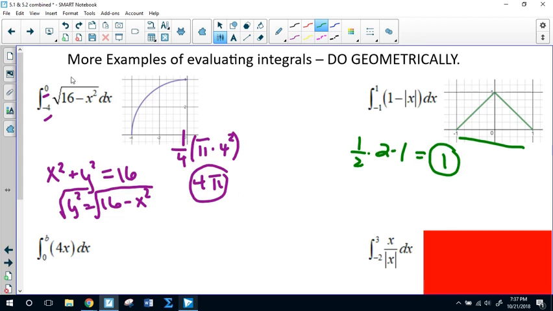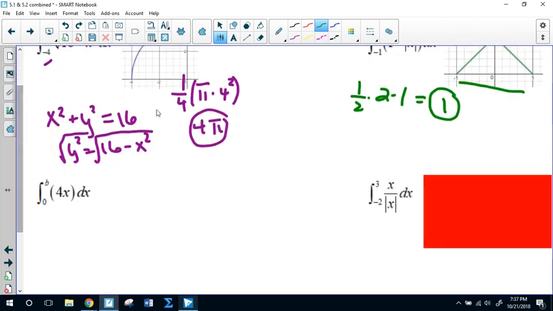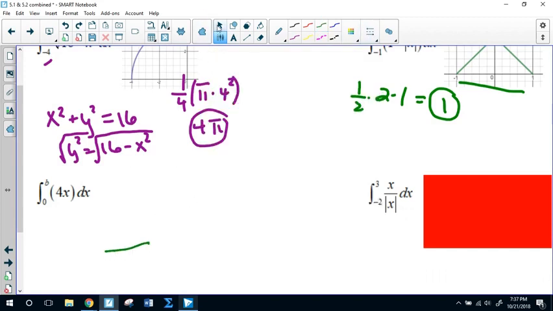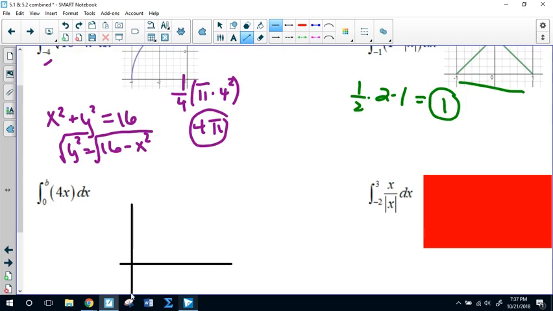Okay, next one we're going to draw a graph of here. It's the line 4x that we're starting off with. But then we're going from 0 to b, which all that's really telling you is you're going to be creating a formula. So from 0 to b, the equation is just a line.